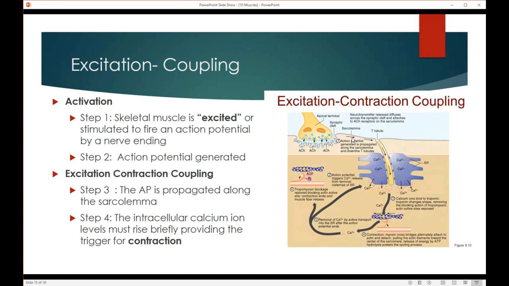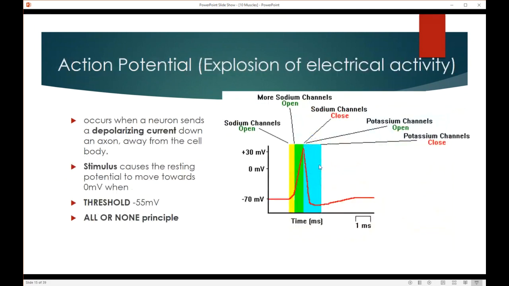Remember, the sarcolemma is the cell membrane of a muscle cell. Okay, and that whole idea, right, is that when we bind that acetylcholine, that's sort of the stimulus to really get this started. Okay, and that's going to cause the opening of the sodium channels right here.